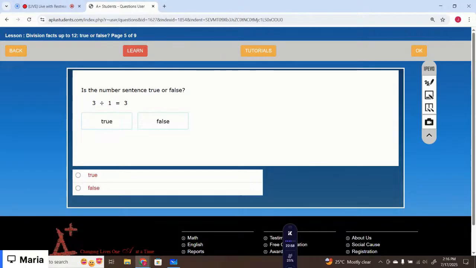Is the number sentence true or false? 3 divided by 1 is 3. Is it true or false?